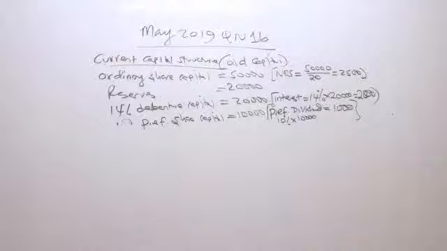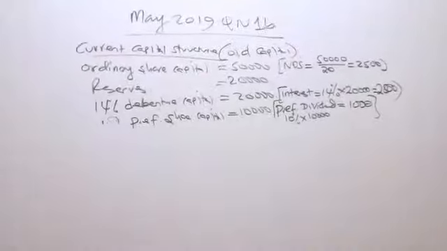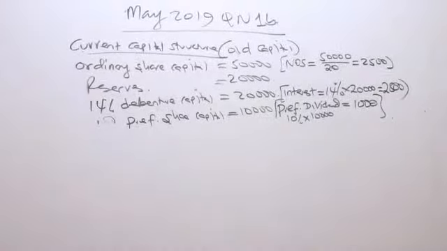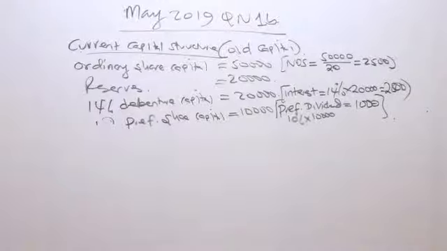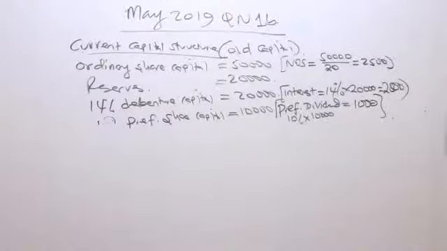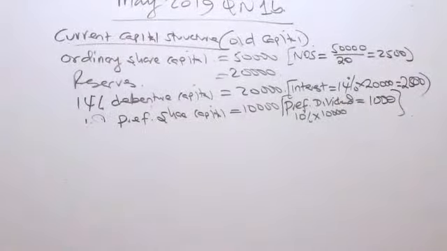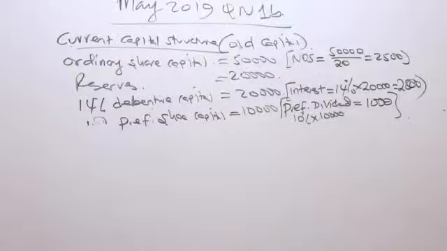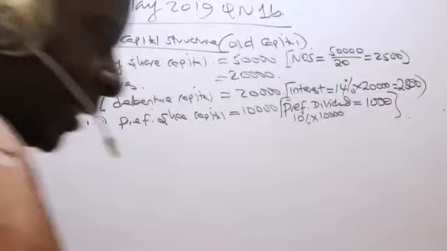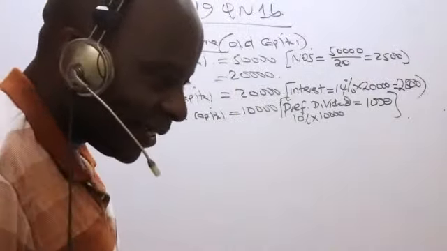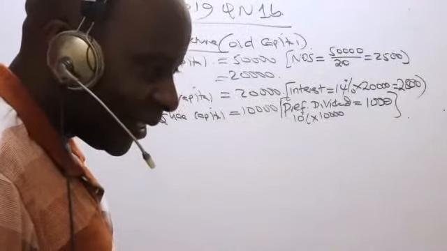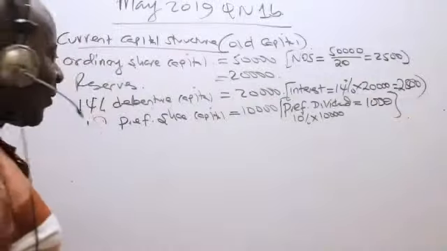Must be a problem there. Is that a bit better now? Is that a bit better? I think that is the best I can do. Is that a bit better? Okay, great. Thank you so much.